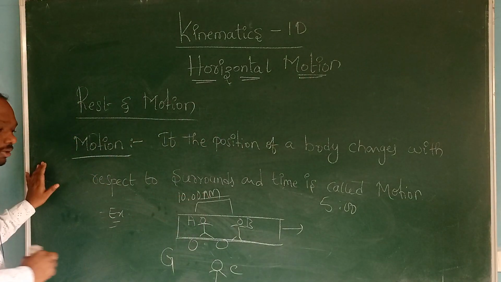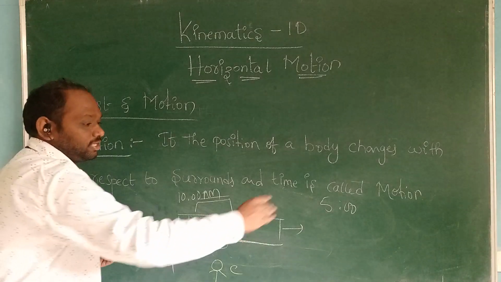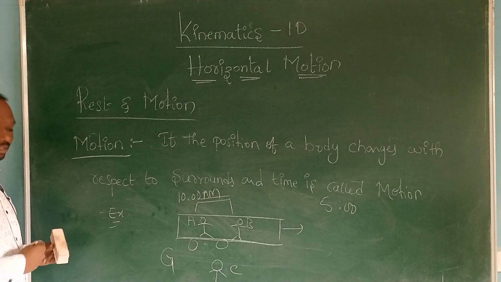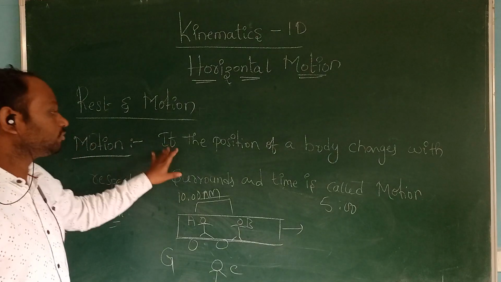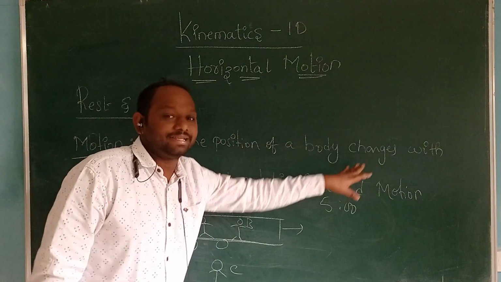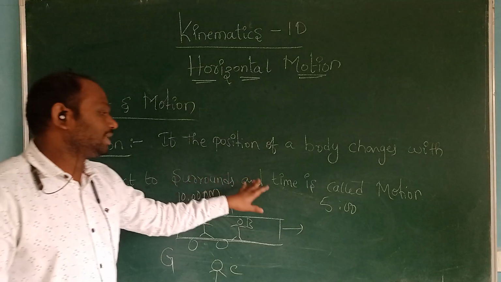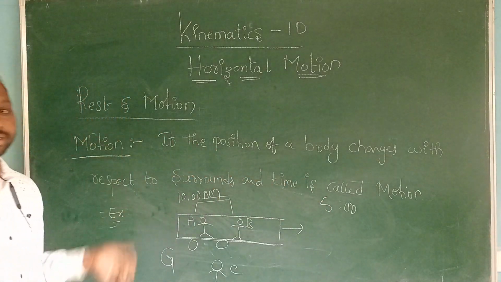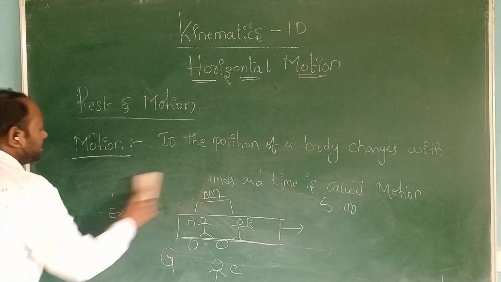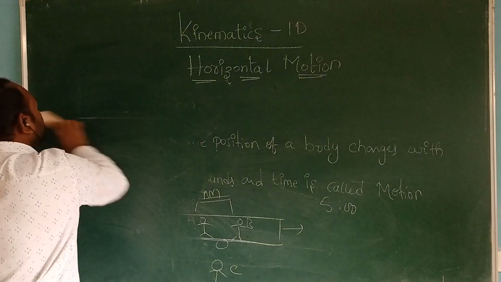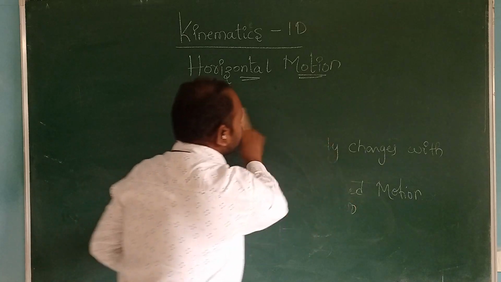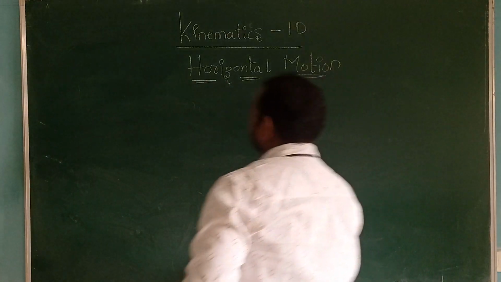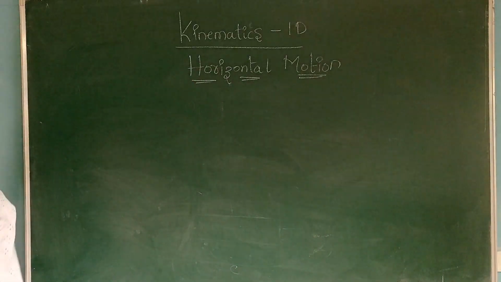The position has changed because I came here. So that is the definition of motion: if the position of a body changes with respect to surroundings and time, it is called motion. These two terms are very important in this whole lesson, not only in kinematics but in one-dimensional, two-dimensional and three-dimensional motion.